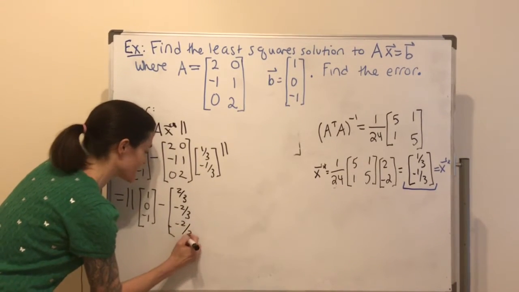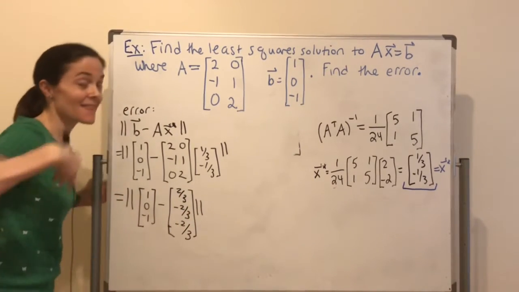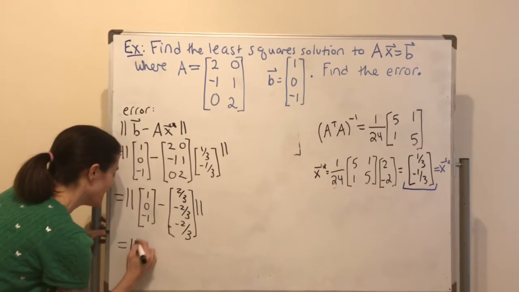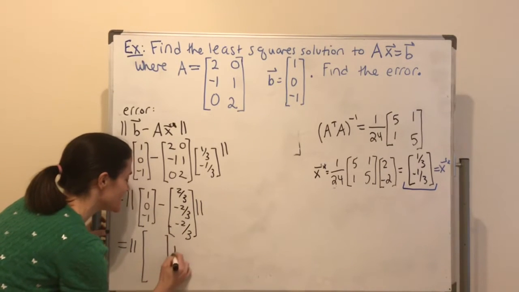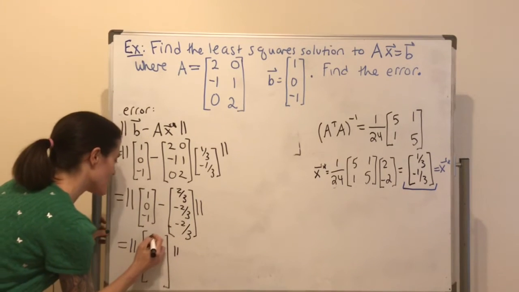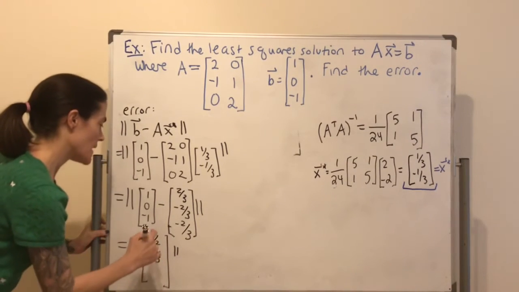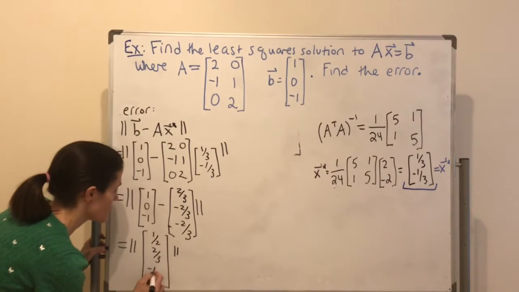And now finally, I'm going to subtract, then I'll take a length. The difference of these two vectors, we have a third, we have 2 thirds, and this is minus 1 plus 2 thirds, we have negative a third.